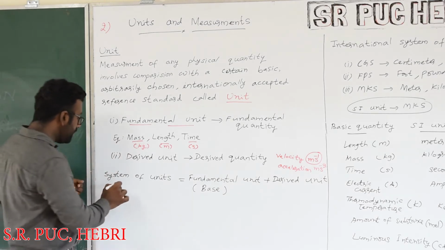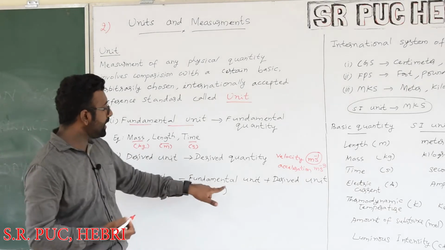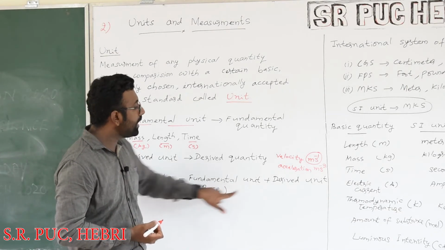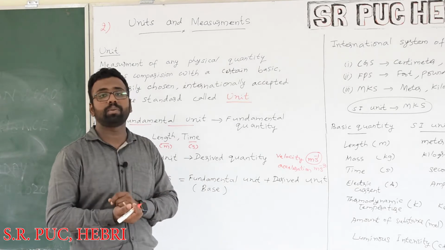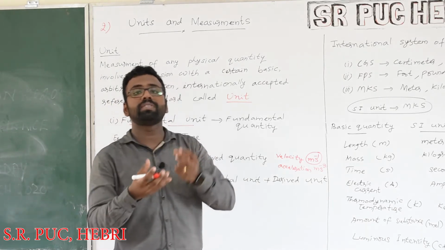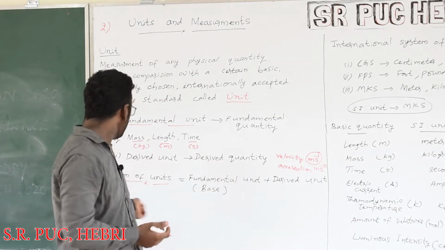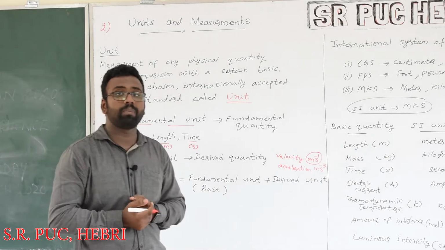Now, what we call the system of units: a system of units should contain both fundamental units as well as derived units. It's a combination of fundamental units and derived units. They are together called the system of units.